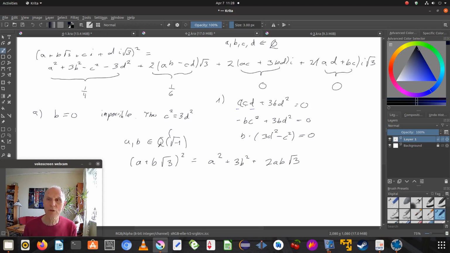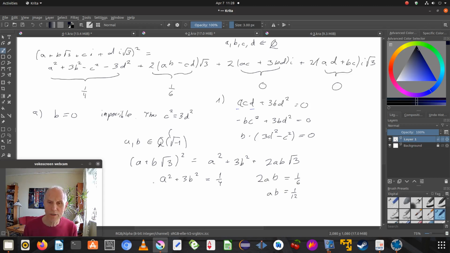And this should give one-fourth, and 2AB should be 1/6. So that means AB equals 1/12.